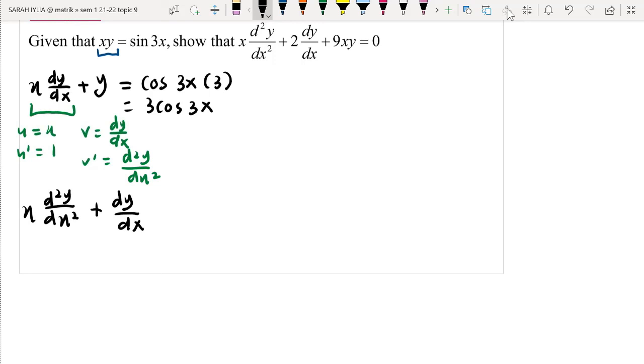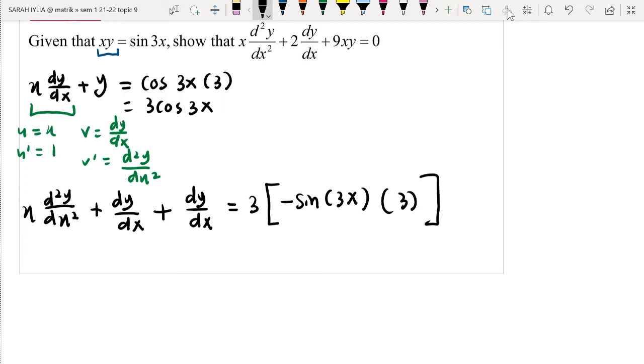Second term, now we have to differentiate y. So, derivative of y would be dy over dx equal to, okay, 3 constant, dia salin balik je. Now we have to differentiate cos. So we get negative of sin 3x. And then we differentiate 3x, kita dapat 3. Okay, our target, what we want to show is equal to 0 kan.